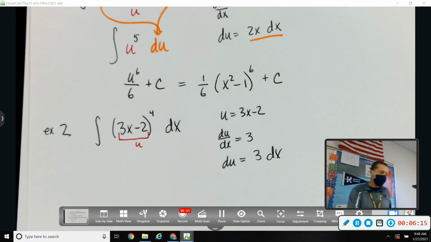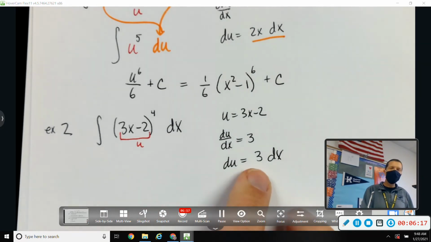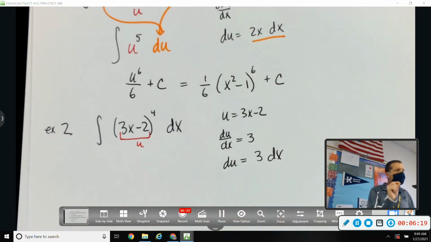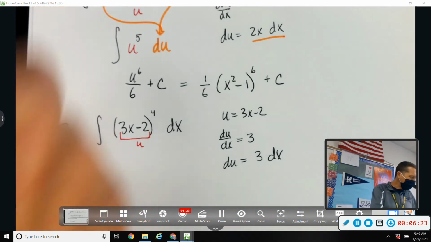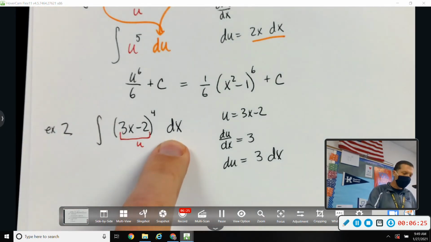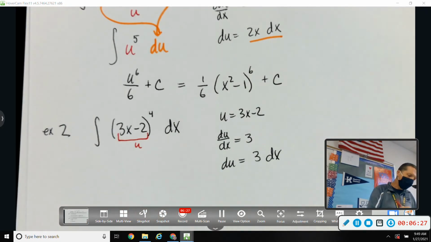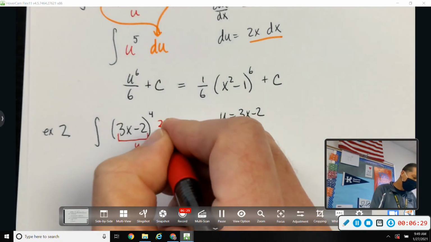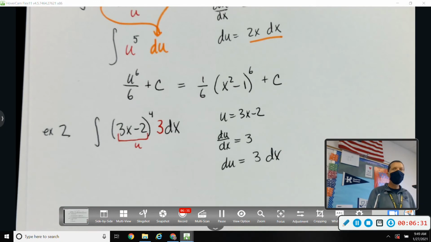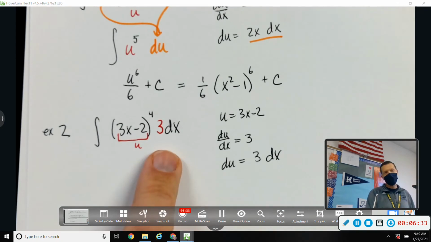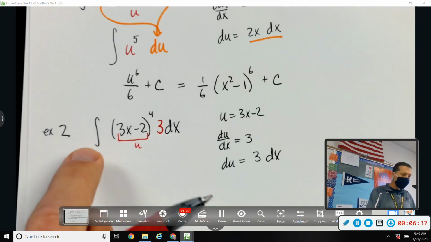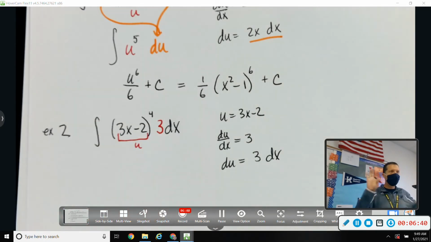So we're kind of close. Here's the good news. You can fix constants. You can slide constants or negatives inside and out however you want to. So if I want to make this thing work, I'd really like that to be 3 dx. And I'm allowed to do that, as long as, I can't do just that because that'd be wrong. But if I put a 3 inside, what could I put outside that would just balance it out?